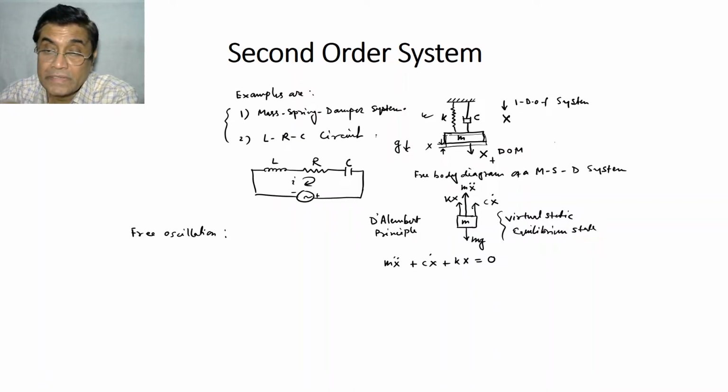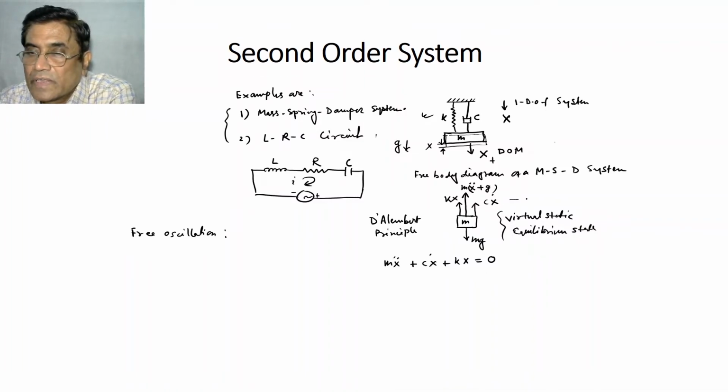Now, when we did not consider gravity, the force was mass times acceleration only due to displacement. Now you are telling gravity is there. So in this direction, there is acceleration due to displacement plus mg. So this will be the inertial force, and now let us see what you are getting here.